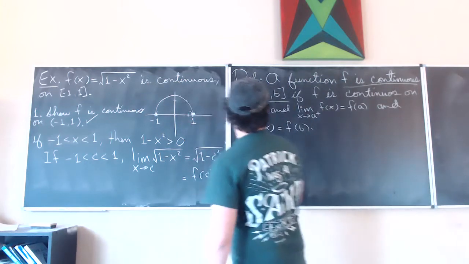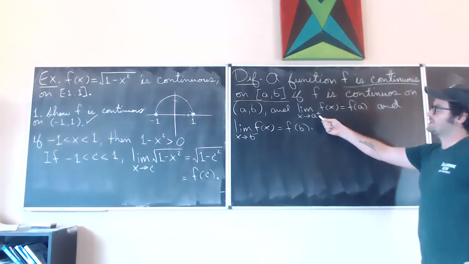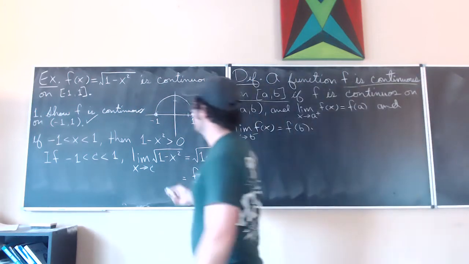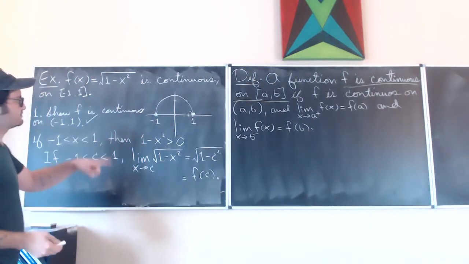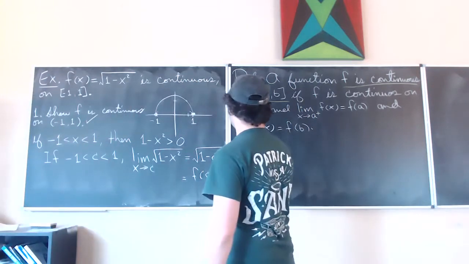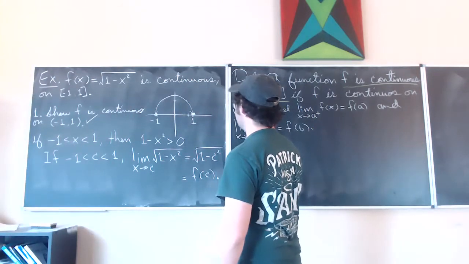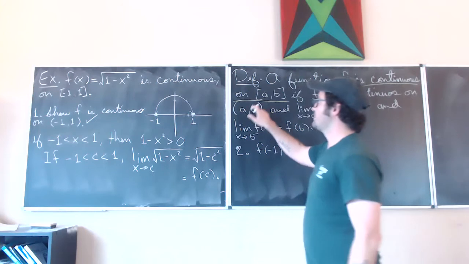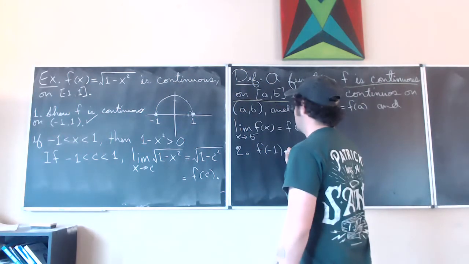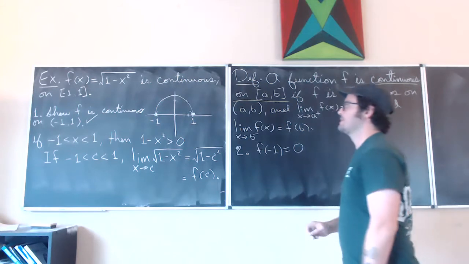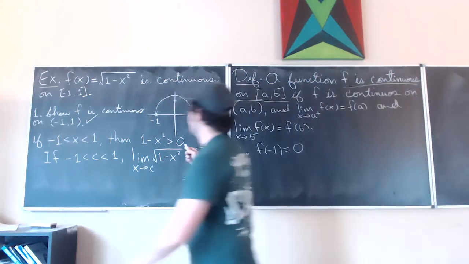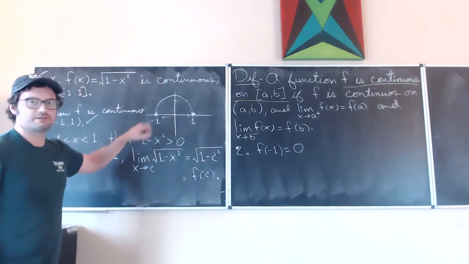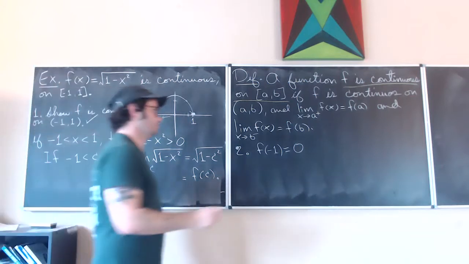Okay? So next, we need to show that the right-hand side limit as x approaches a of f is equal to f of a. Well, so part 2, I guess, f of -1, that's like our a in the closed interval, is equal to 0. And if we look at where the function is going as x approaches -1 from the right, it also goes to 0.